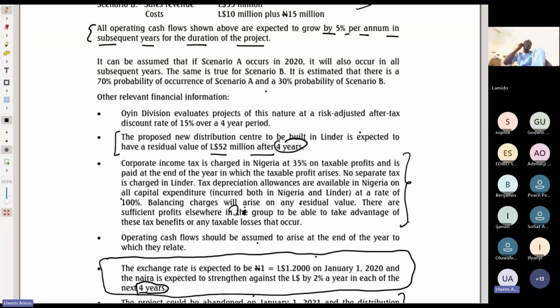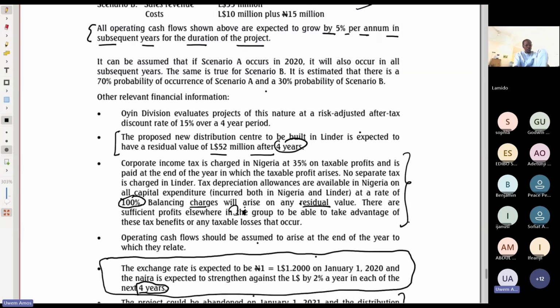So in other words, your first year of production is giving you 100% capital allowance on whatever you spend on your equipment. Balancing charge will arise on any residual value. So they are giving you 100% allowance in the first year, and then whenever you sell the equipment, you will incur a balancing charge on the residual value.